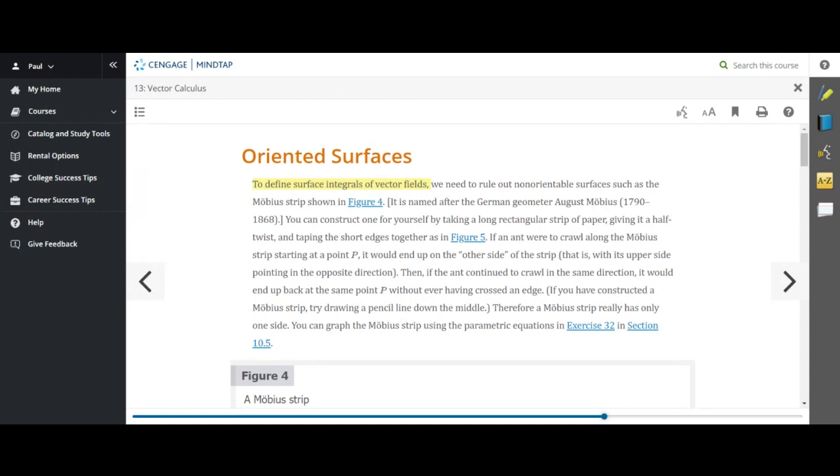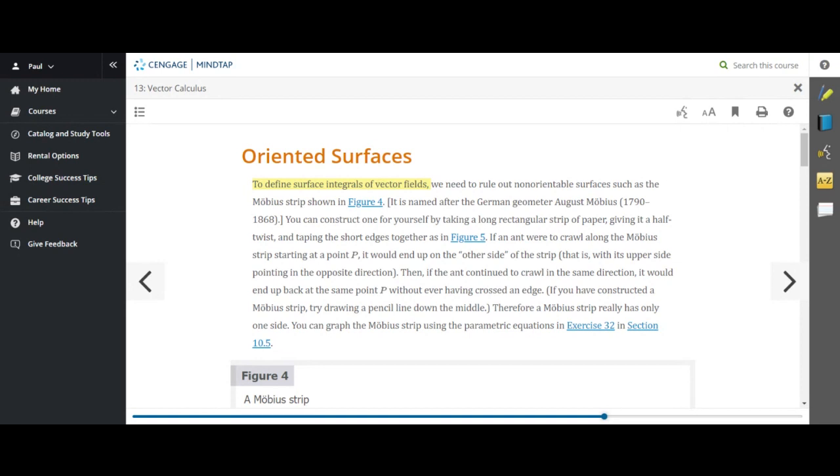So let's talk a little bit about what an oriented surface is. Remember when you studied Green's theorem? Green's theorem allowed you to compute the work that a force field does in moving a particle once around a closed path in the XY plane. Remember you had positive orientation, and then there was negative orientation.